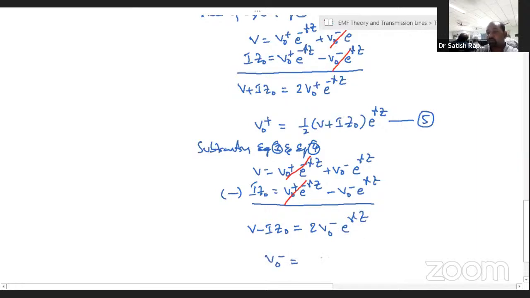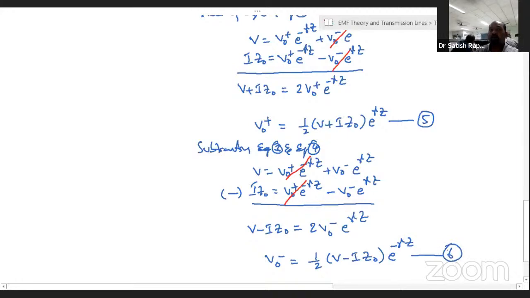Therefore V naught minus is equal to 1 by 2 (V minus I Z naught) e power minus gamma z. This is equation 6.